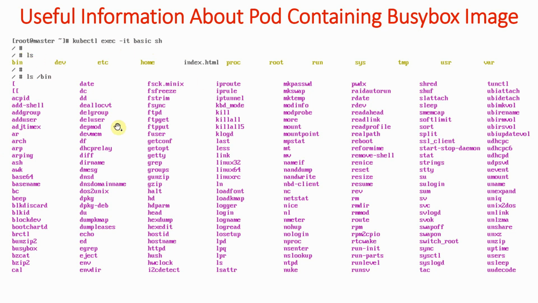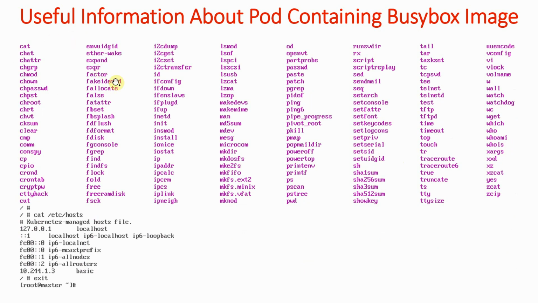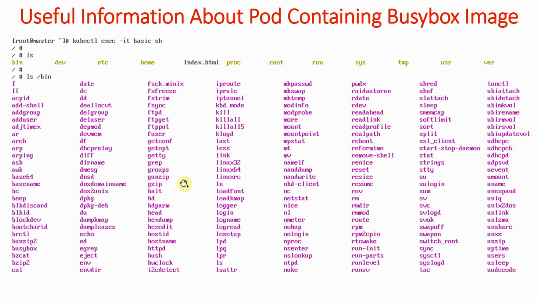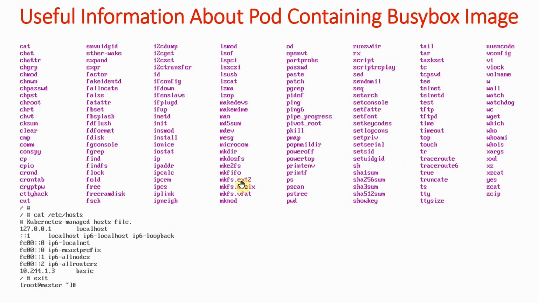So first page, second page, and if you are going to look at the hosts file, cat /etc/hosts, by default certain entries are there, and one very important entry is the IP address and name of the pod. That means automatically one entry is there.